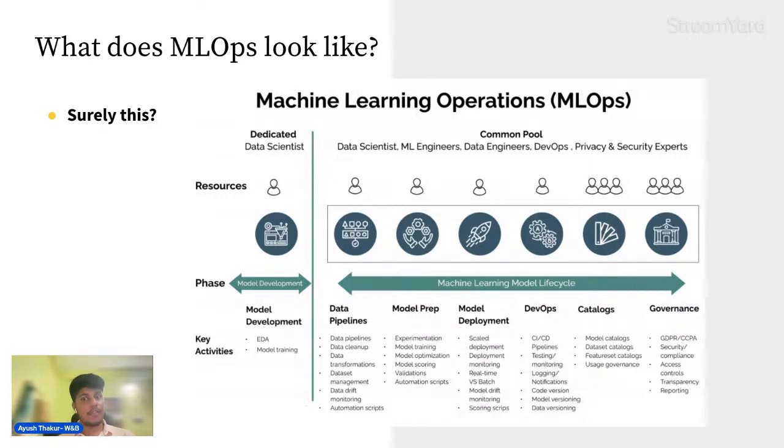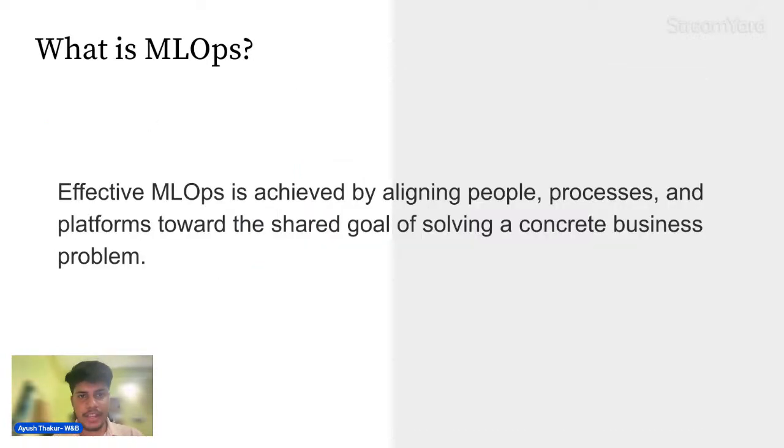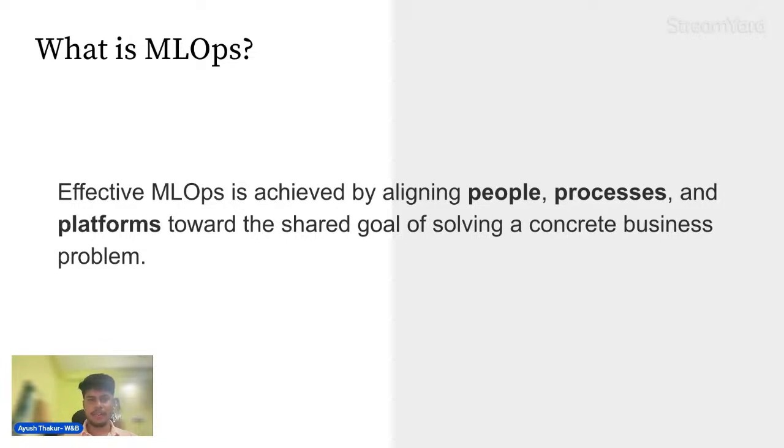So there's the governance aspect to it as well. So the bottom line is that effective MLOps, whatever that MLOps is, is basically to achieve an alignment of people, processes, and platforms, right? So that a concrete business problem can be solved.